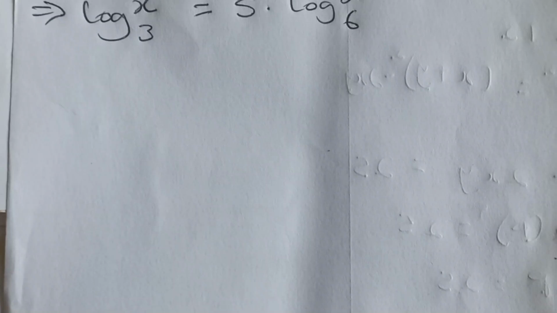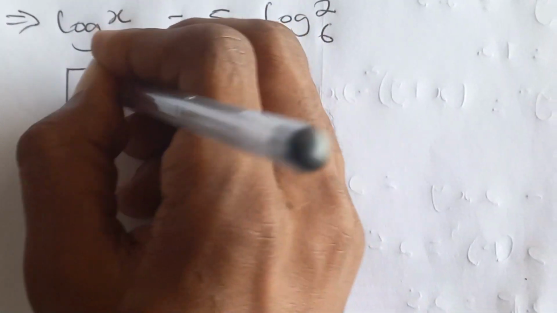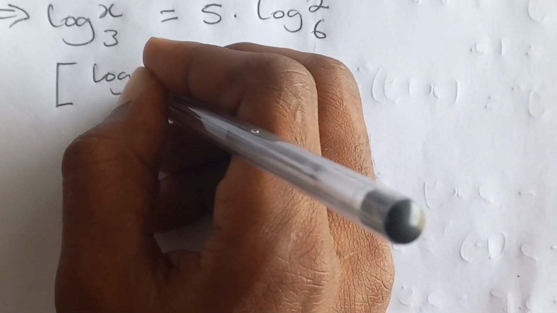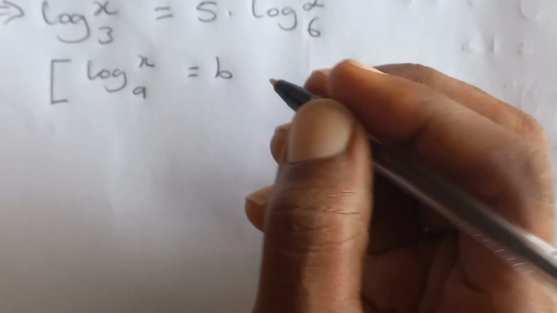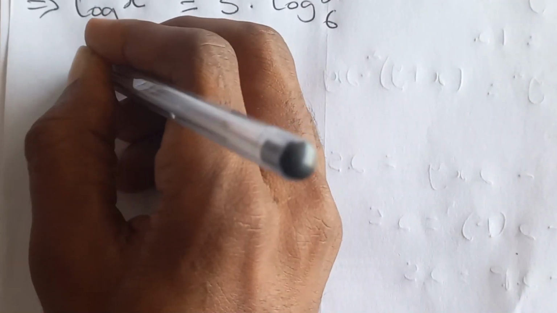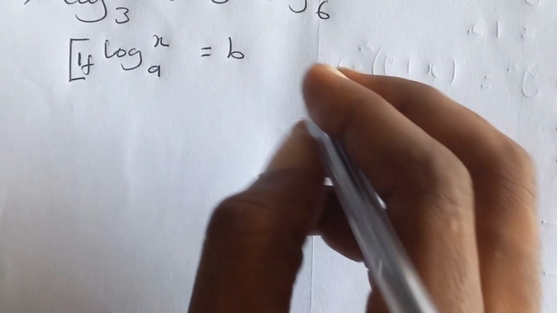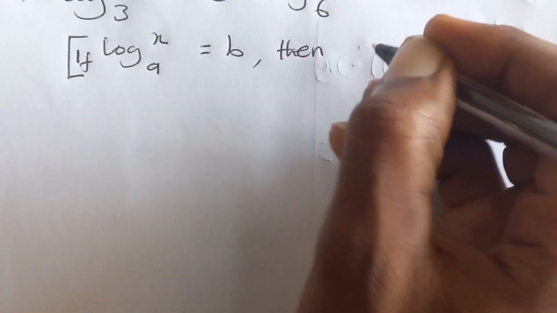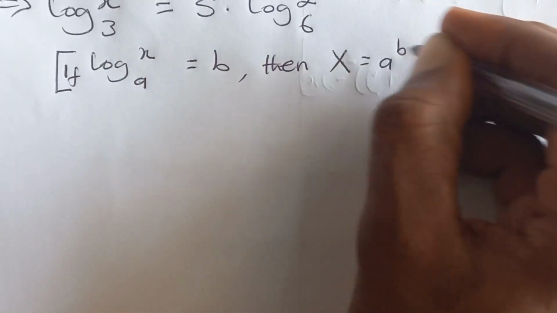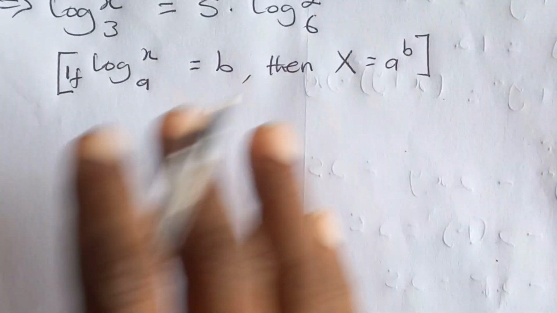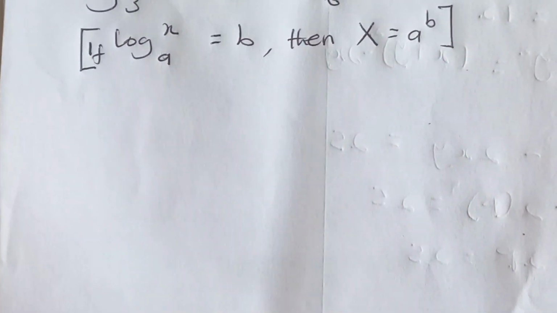And also we have another law. We have log x base a is equal to b. So if log x base a is equal to b, then x is equal to a exponent b. So we are going to use this rule in solving.